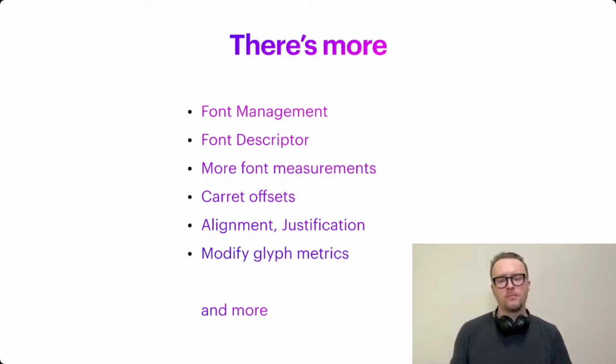There are more font measurements that you can use, like x-cap, which means you can get the letter that is designed to be a small capital. I'm not sure how it's called. There's support for text editing, even caret offset. So you can ask CoreText, where should I draw or put the caret that will be placed before the letter, right? There's an API for that. There's an API for alignment or justification. And there's really more.